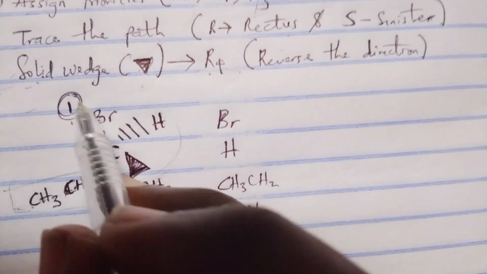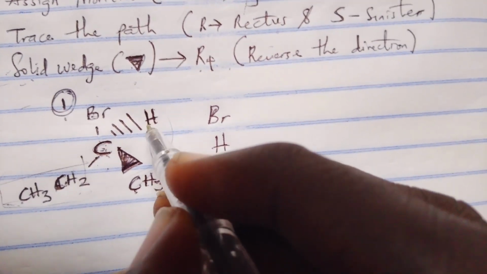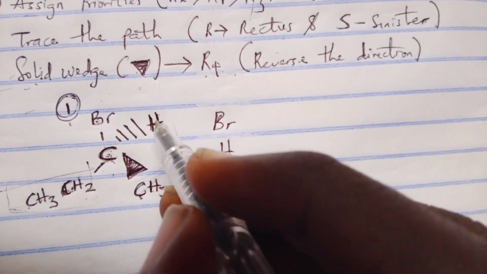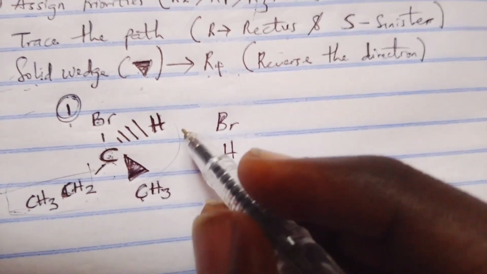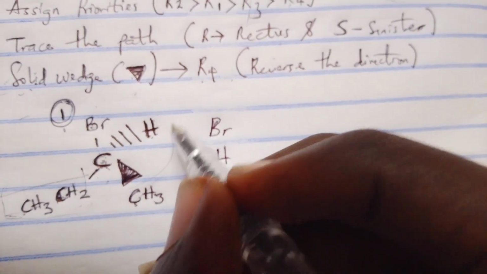Then after that, we already know that hydrogen will be the least. Most of the time hydrogen is the least priority. The reason is because it has the least atomic number, which is 1. So most of the time it will always take the position of 4.